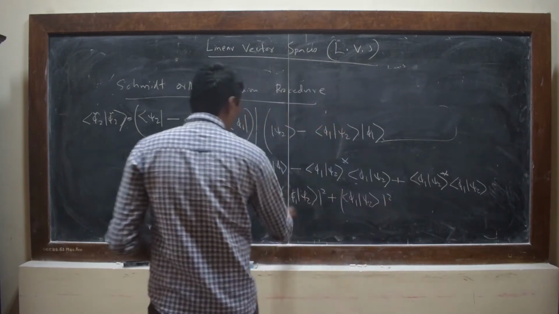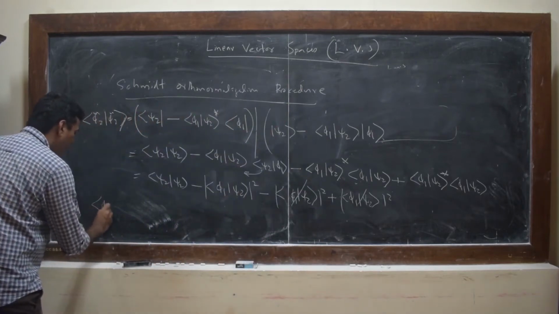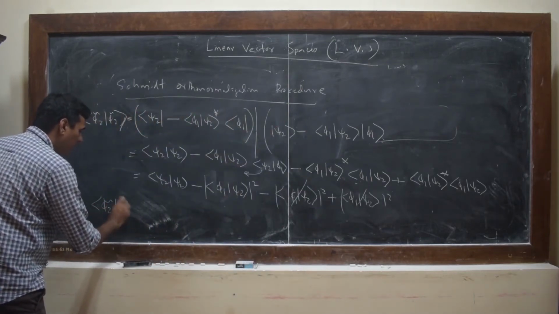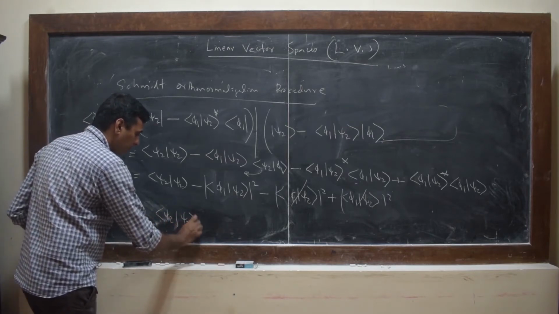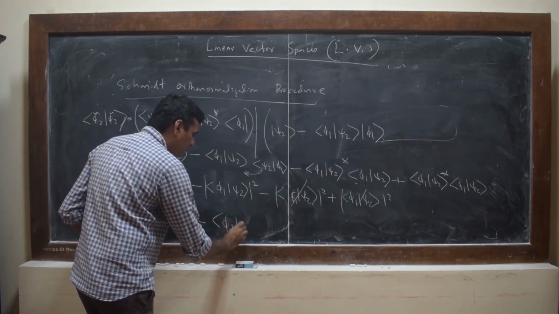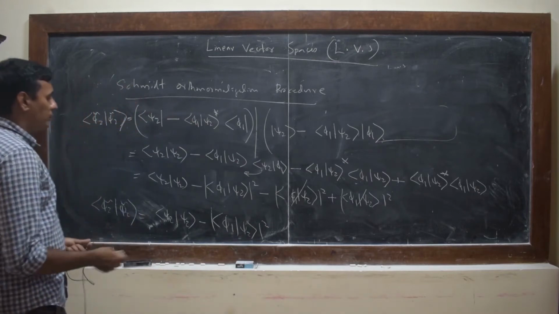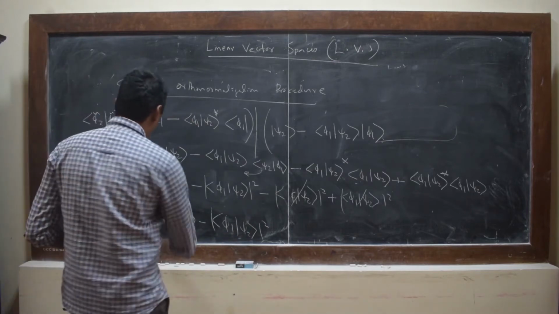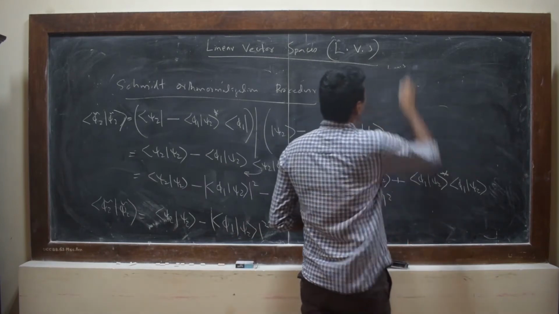Okay, so one of these will cancel away, and then you will get that ⟨phi 2 tilde|phi 2 tilde⟩ is actually equal to ⟨psi 2|psi 2⟩ minus |⟨phi 1|psi 2⟩|².